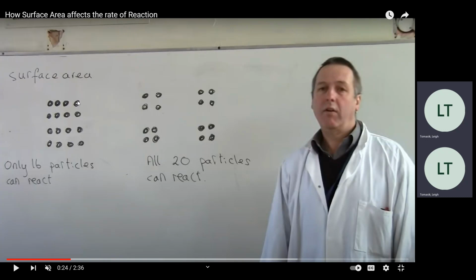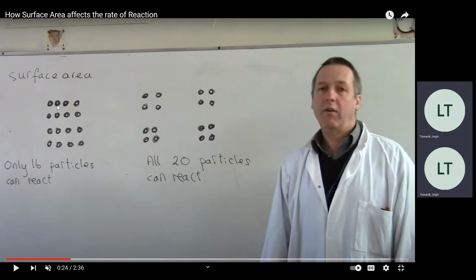These four along the top can all react because they're all on the outside, and so can these down the left side, along the bottom, and on the right side. But there are four dots in the middle, and they're not touching the acid, so they're not going to be able to react.